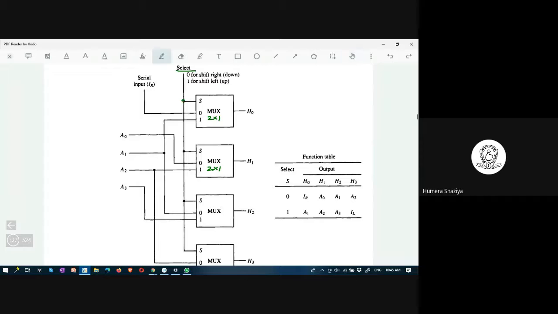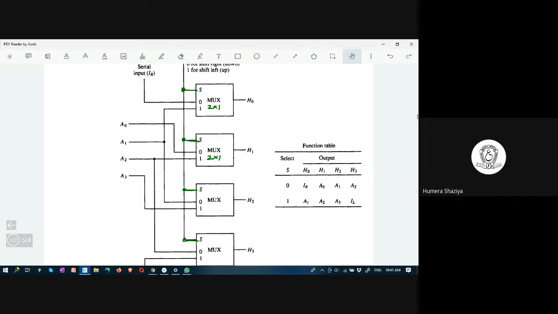You are tapping and connecting this selection input line to all multiplexers. This is 4 multiplexers, so you have 4 bits, A0, A1, A2, A3, and you get 4 outputs, H0, H1, H2, H3, 4 bits in the output.